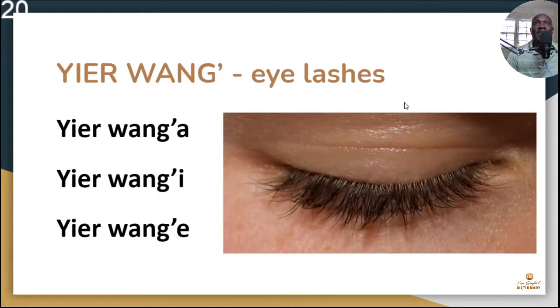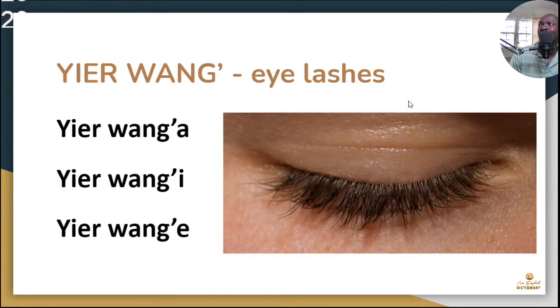The next thing we look at is the eyelashes, and the eyelashes are called wang'a. So wang'a, my eyelashes.